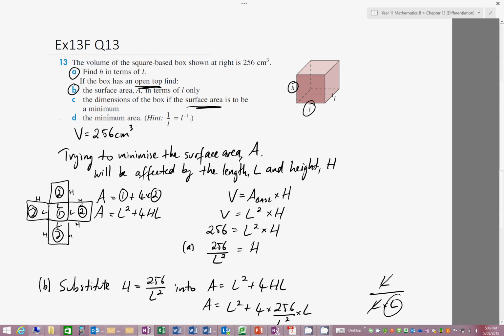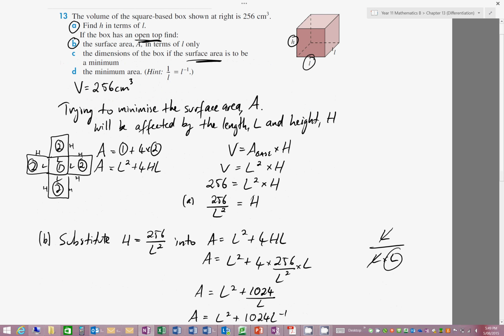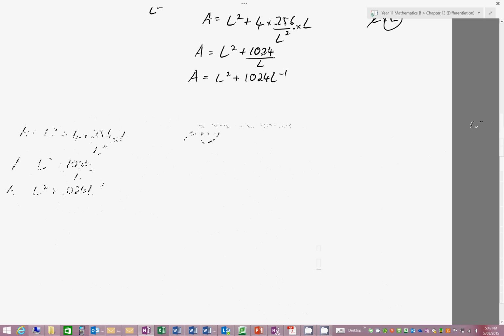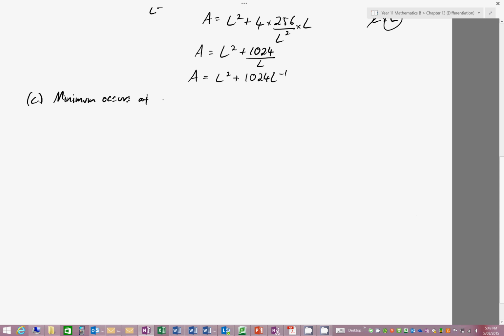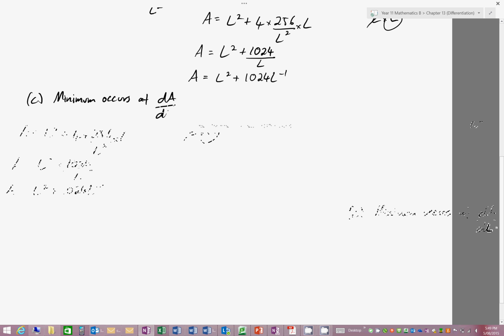Okay, part C, the dimensions of the box if the surface area is to be a minimum. So I'm into my differentiation. The minimum occurs at dA/dL equals 0.